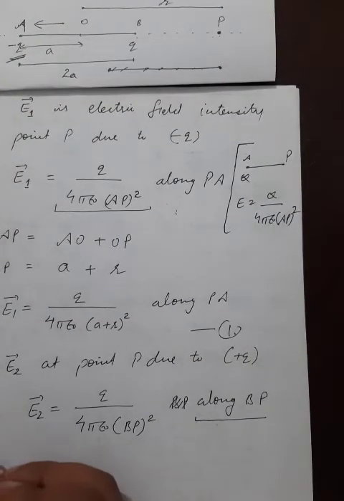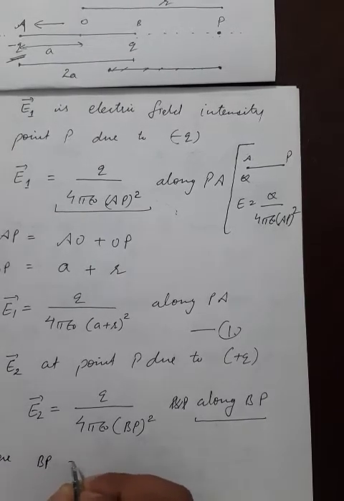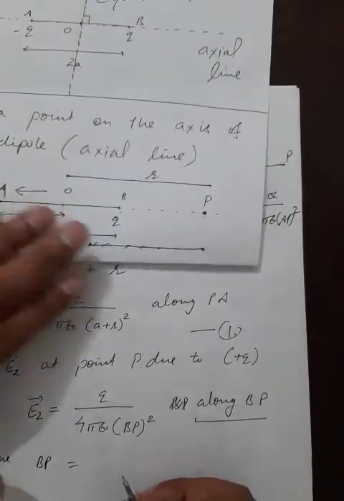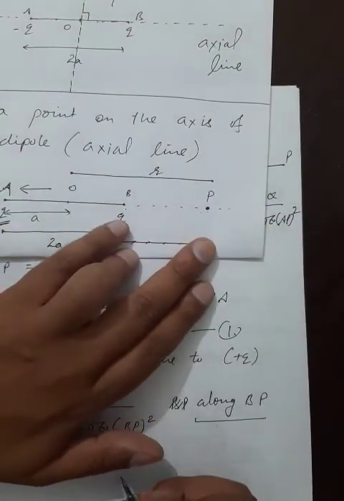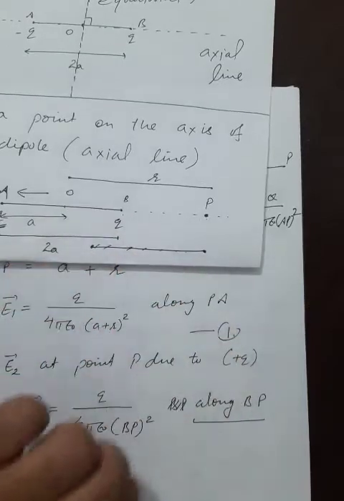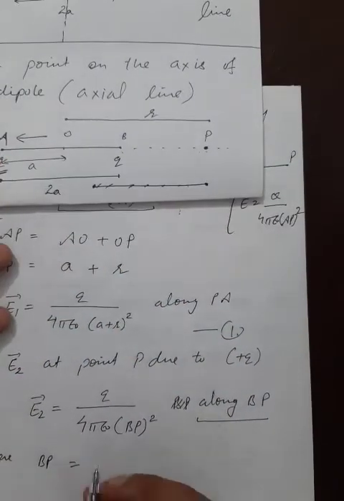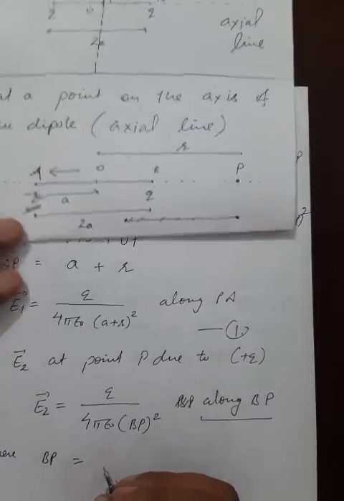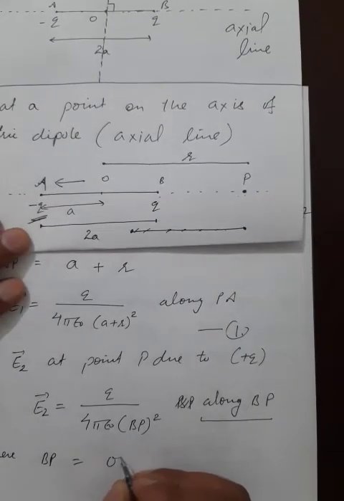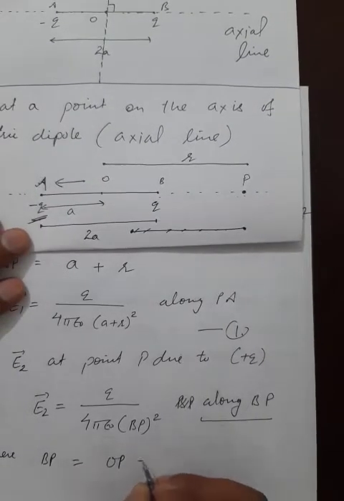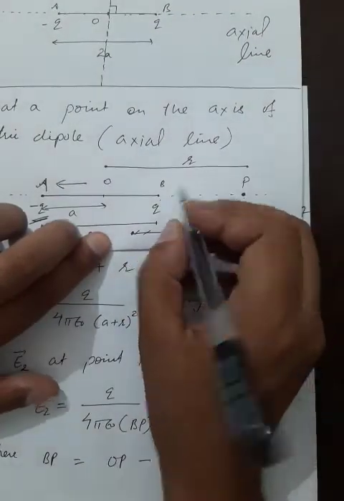So again, as we find AP, similarly here BP is the distance of point P from the charge. So now charge is at B, so we have to write here BP. So BP is equal to OP minus OB.